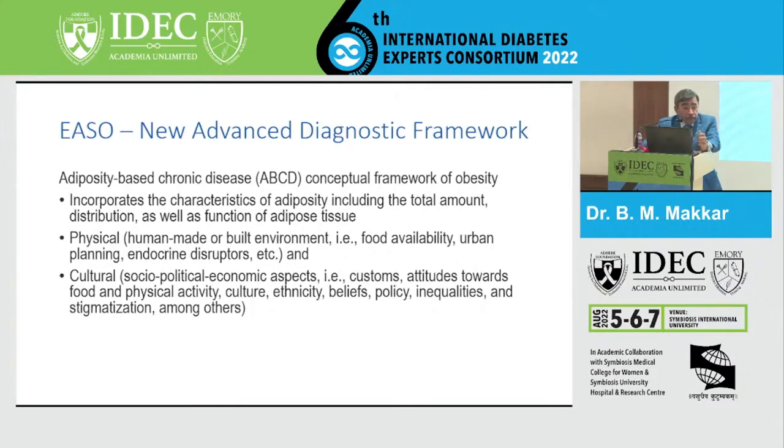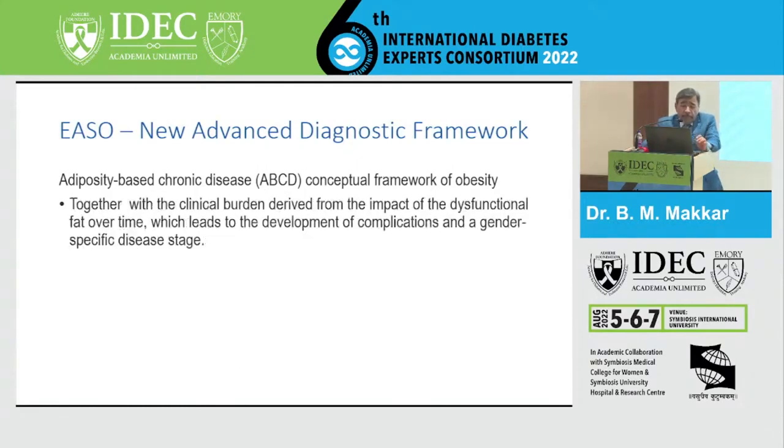It also takes into consideration the cultural, which includes the socio-political, economic aspects, various customs and rituals that we have been following over time. And together with the clinical burden derived from the impact of dysfunctional fat over time, which leads to development of complications and gender-specific disease stages.